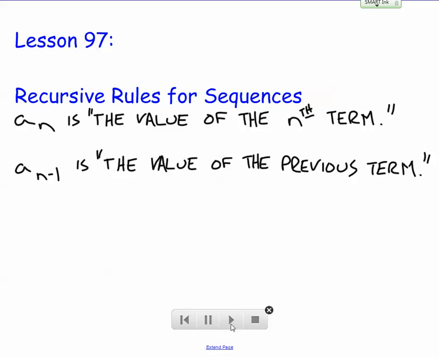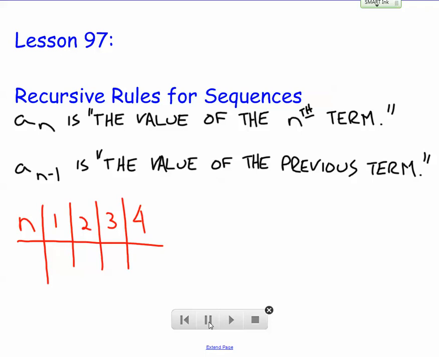Okay, so from there, let's do a quick review here. Let's say I give you a sequence, and we want to find the first, second, third, and fourth terms. And let's say that I give you the value of those terms. The first, second, third, and fourth terms are 3, 6, 9, and 12. Could we write an equation to represent the value of each term?